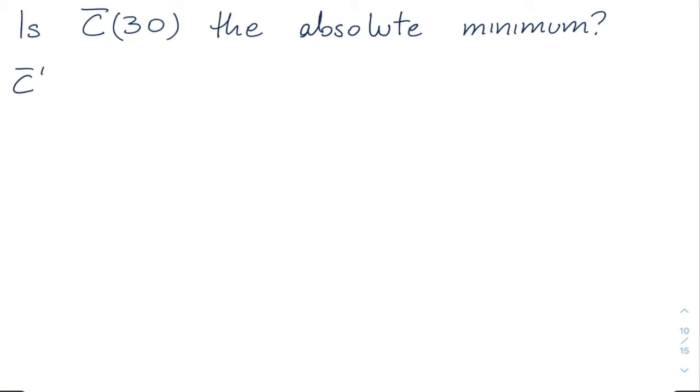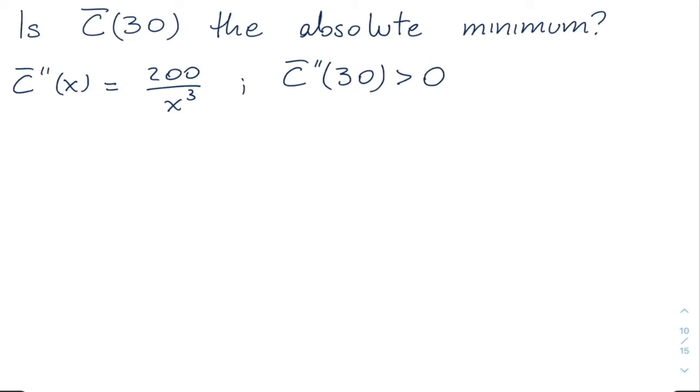So the second derivative of this function is 200 divided by x cubed. So this evaluated at 30, we can check that this is positive. So the value of the function is a relative minimum.